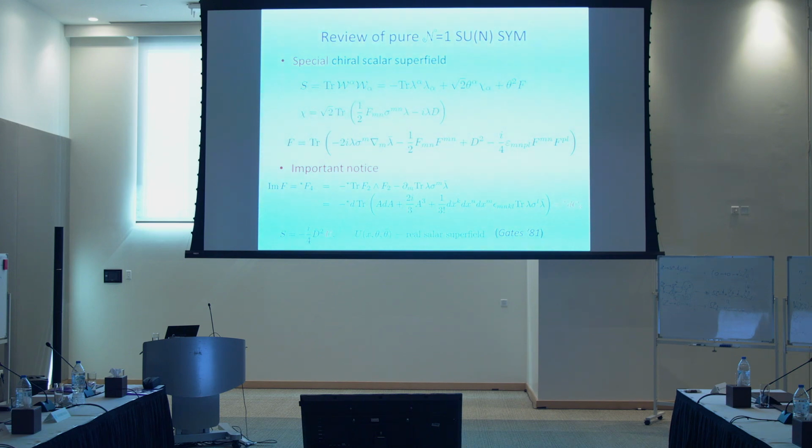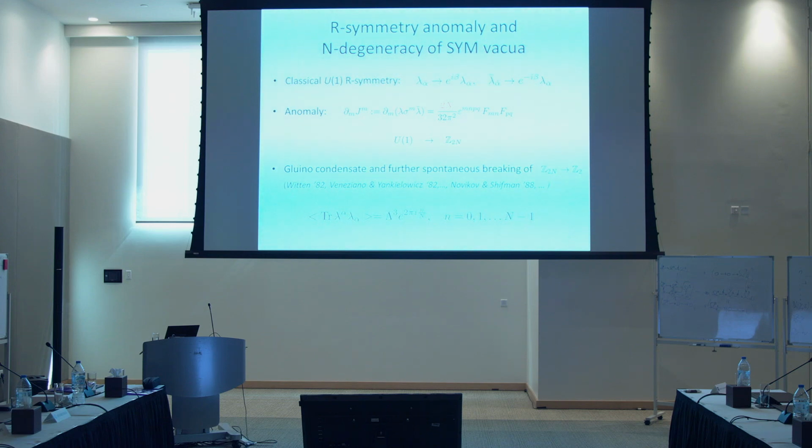And these superfields were first introduced by Gates in '81, and he noticed that these kinds of chiral superfields are constructed using the real prepotential U instead of the complex prepotential which one would use to solve the chirality constraint here. And this is one of the important points which will play a role in this construction.